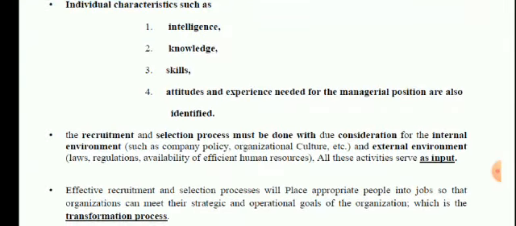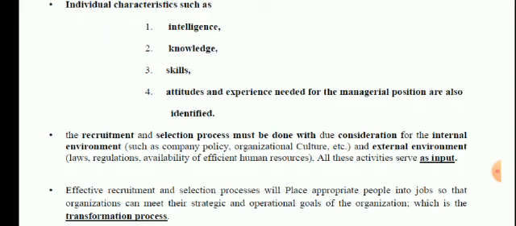Recruitment and selection must be done with consideration of two environments, internal and external. Internal environment means company policy, the environment within the company, organization culture, etc. External environment means outside the company: the rules and policy of the government, regulations, and availability of efficient human resources. So these are the two inputs.